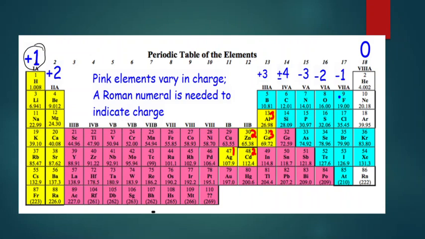Everything in that column is a +1. Okay, move one over. Put a big fat +2 on top, right there on that periodic table.